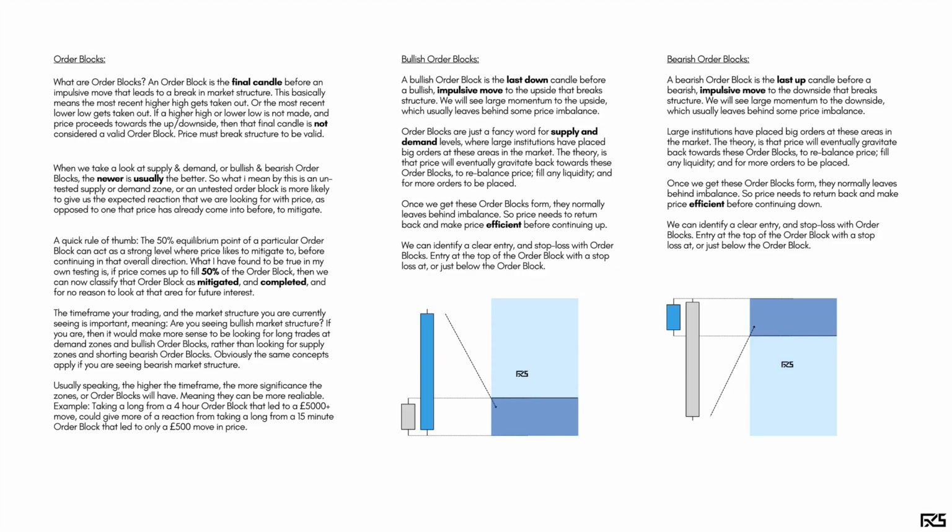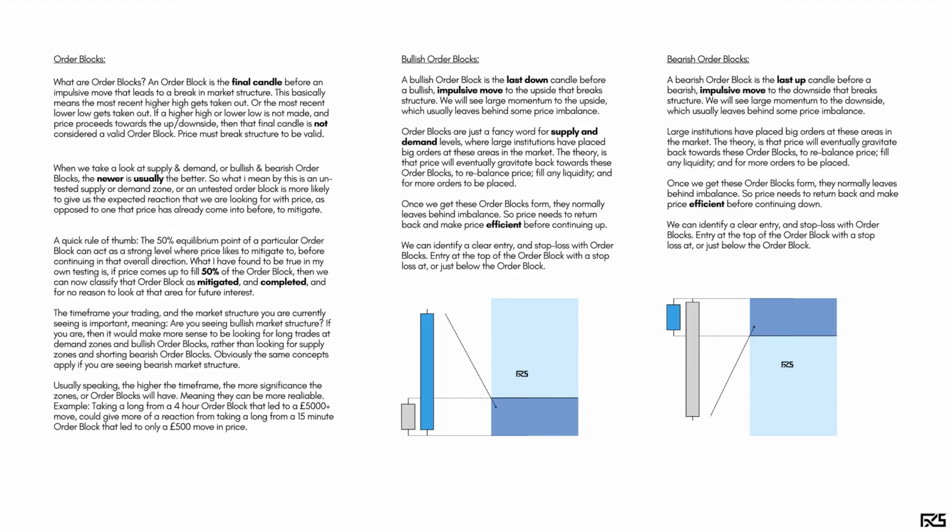So if price comes up to reach 50% of a particular order block, we can class that as a completion of that mitigation. But it's definitely important that you do your own research and back test, because you may find it doesn't work as good for you. You may have different rules.